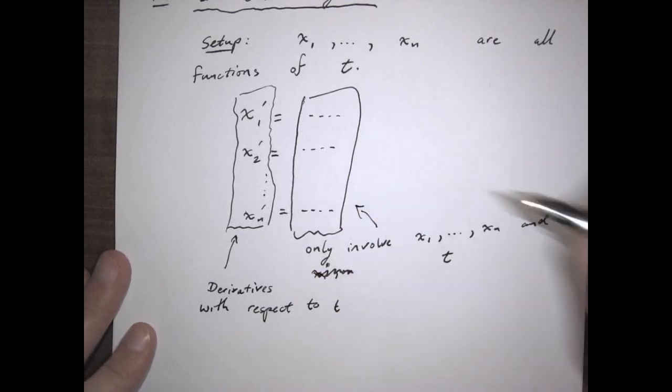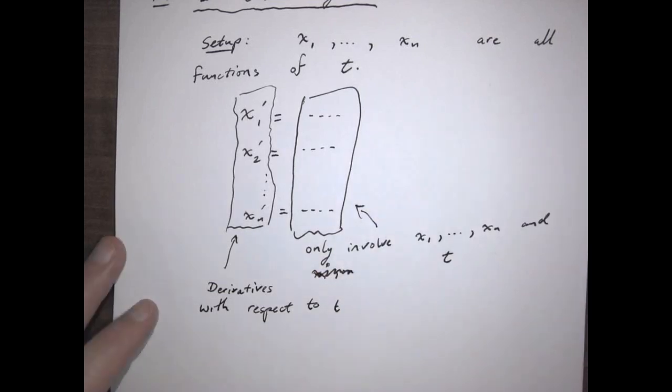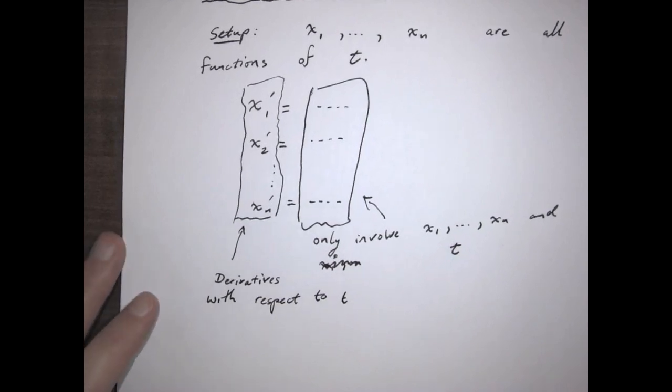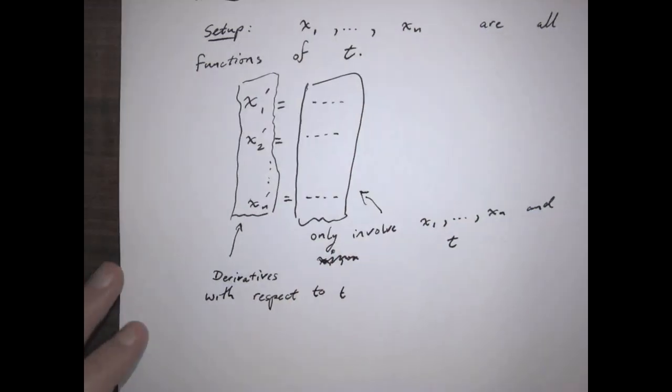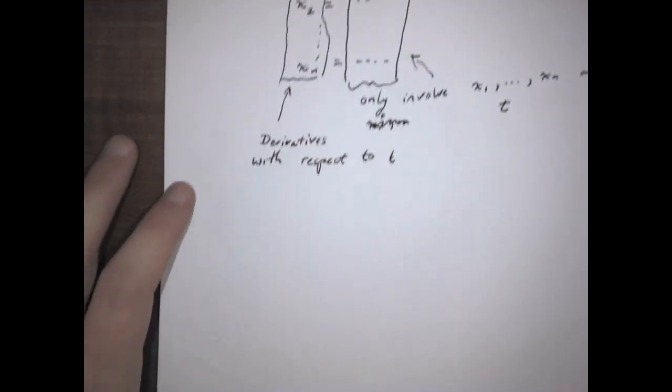So these parts only involve the x's and a t, and then all these derivatives are with respect to t. So all derivatives are on the left, and it's all laid out like so.